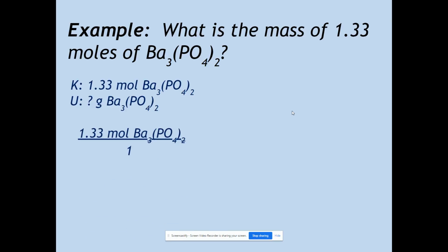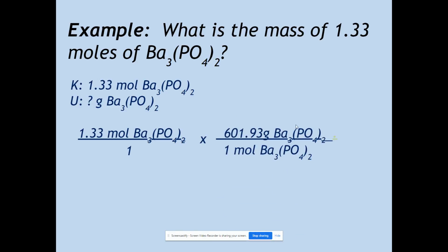Additionally, we can go the other way. So what is the mass? Let's say we know how many moles we have. How much does that weigh? What we want to do is take what we know, 1.33 moles of tribarium diphosphate. We want to multiply that by the molar mass, what we just calculated. So if you have a word problem like this, what is the mass of 1.33 moles of a substance?